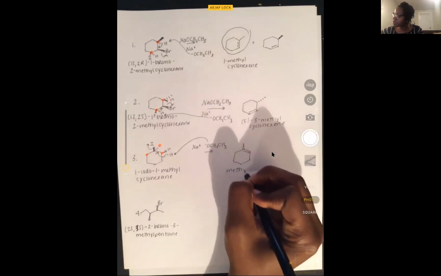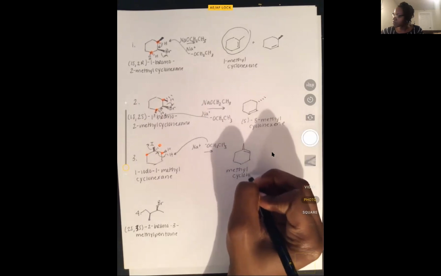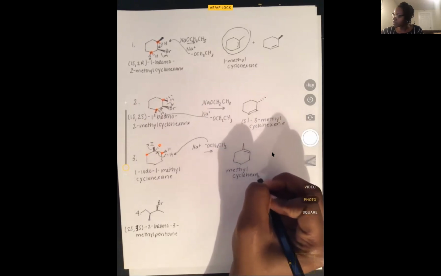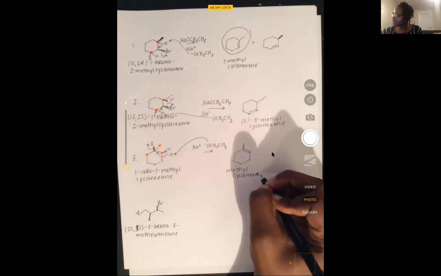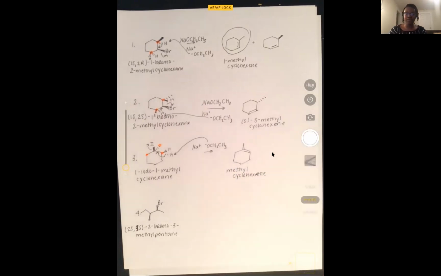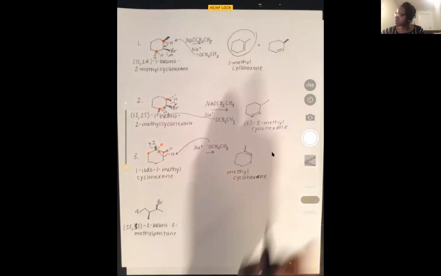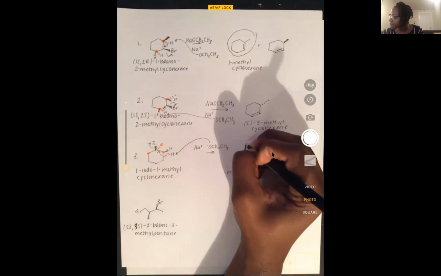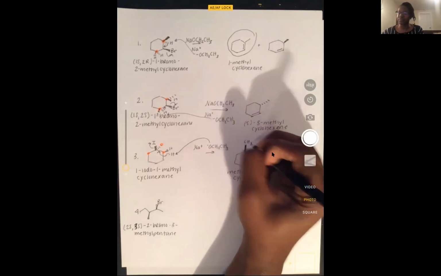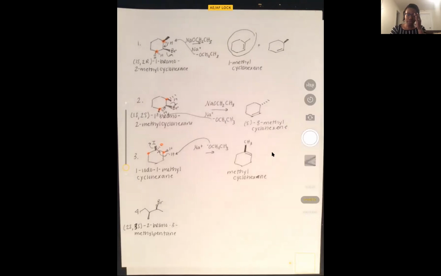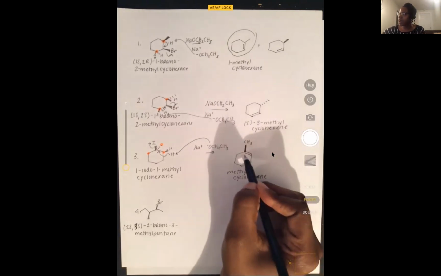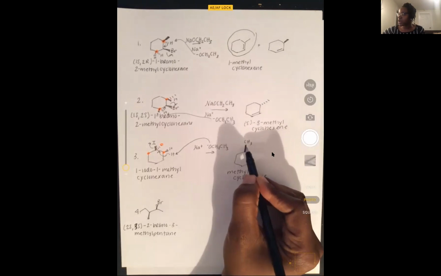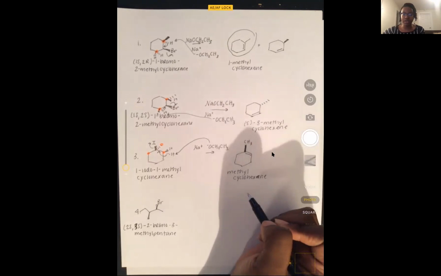This will give us the following product: methyl cyclohexene, E. And this is just a CH3 group, no double bond. There we go. So if you notice here, our alkene is tri-substituted, 1, 2, and 3 substituents on it.